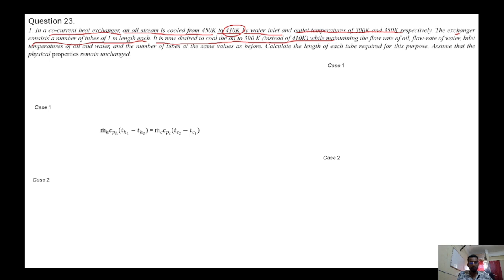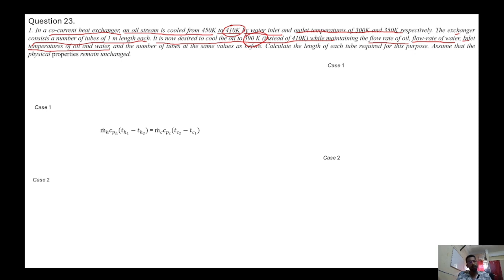Now in case second, we want to cool the oil at 390 Kelvin while maintaining the flow rate of oil, flow rate of water, inlet temperatures of oil and water, not outlet temperature, because to cool the oil from 410 to 390, a long tube is required.